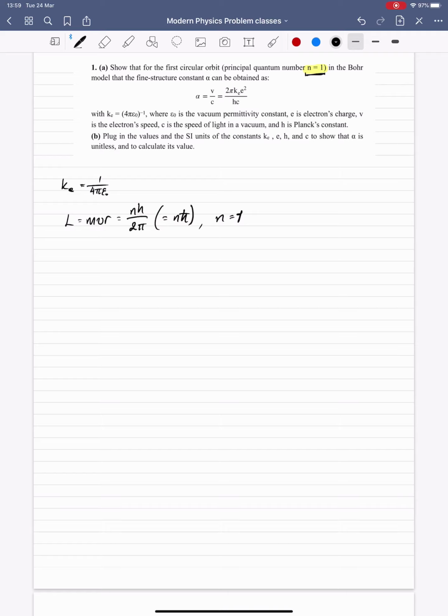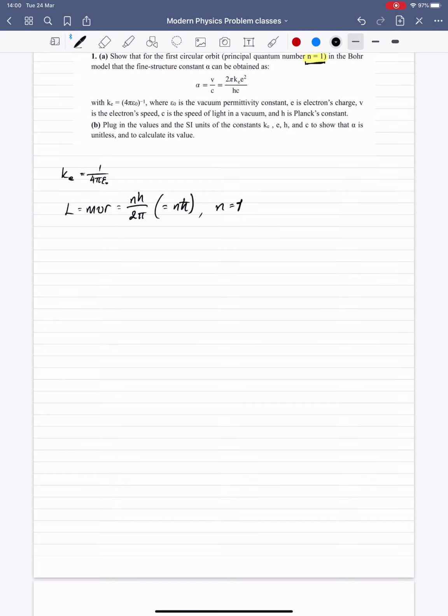The question first says that in the first circular orbit, so that gives you a clue already. A circular orbit, again, I'm going to draw another picture. Same picture as before, we have our nucleus with some charge Ze, and our first circular orbit that is stable, that has a negative e charge.